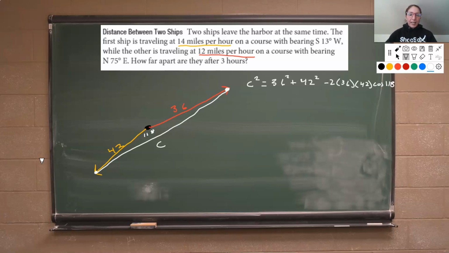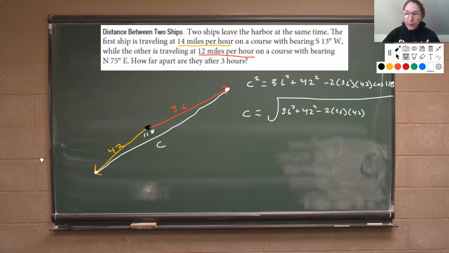This is why side, angle, side works so well for law of cosines. So we will have then that c is equal to the square root of all of this, right? Because we're going to square root both sides to get c. And all of this we can just slam into our calculator.